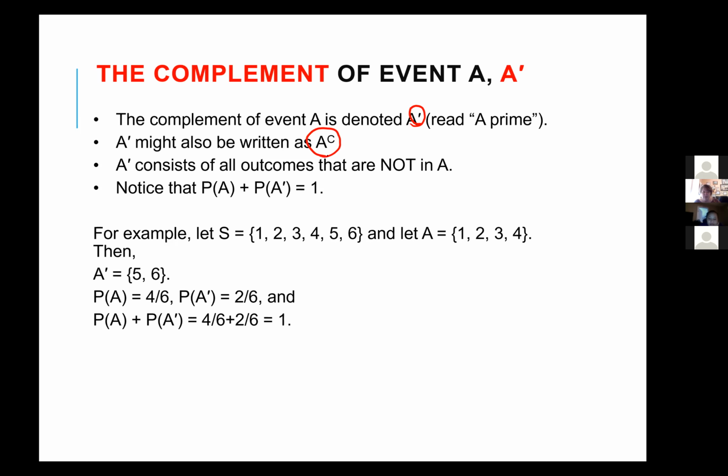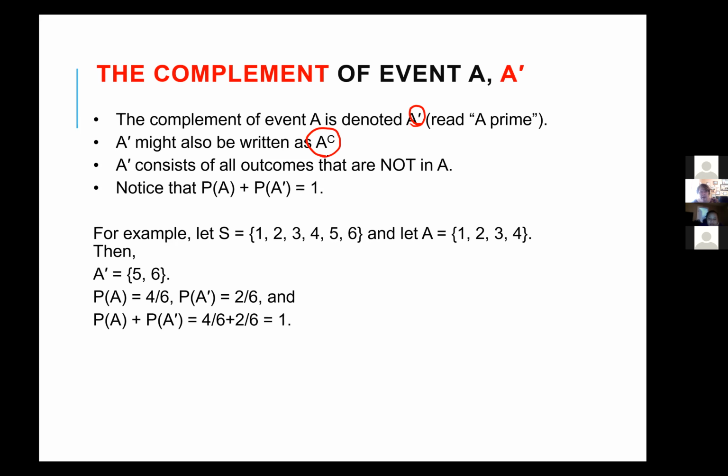For example, my sample space consists of the numbers 1 through 6. Let A be the event that consists of the outcomes 1, 2, 3, and 4. So my sample space are the numbers 1 through 6, and my event A consists of the outcomes in that sample space of 1, 2, 3, and 4.